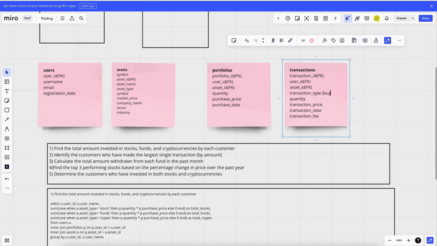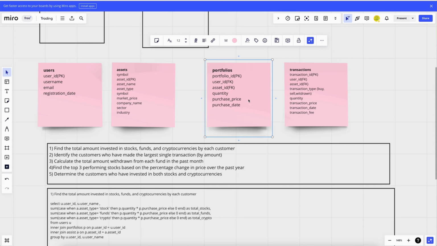It can be a buy transaction, a sell transaction, or a withdrawn transaction. And the portfolio purchase price, as I mentioned, is just the price, and the portfolio will have just the assets when we buy that asset. Nothing else. The transaction always refers back to the buy transaction from the transaction table. But the transaction table will maintain the detailed information on buy, sell, and withdrawn.